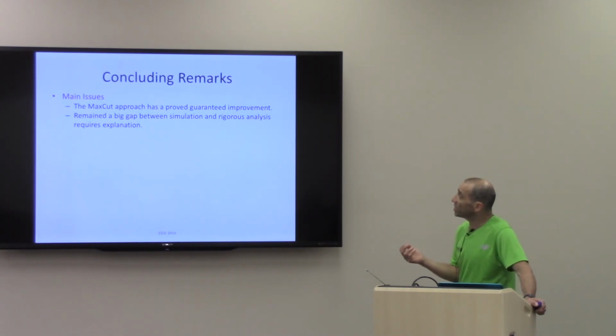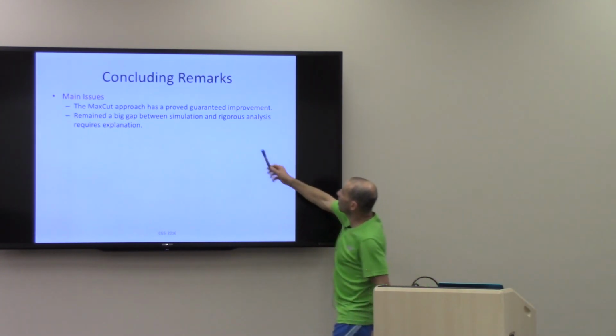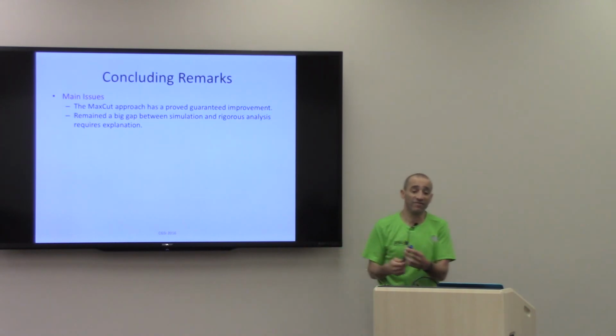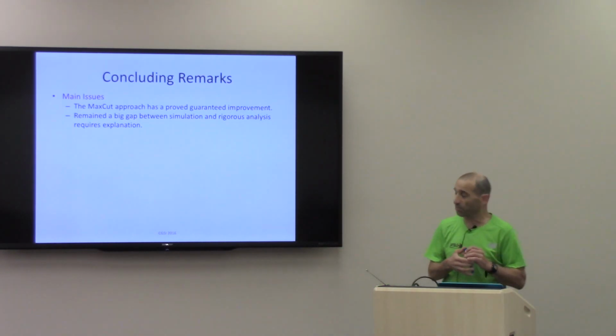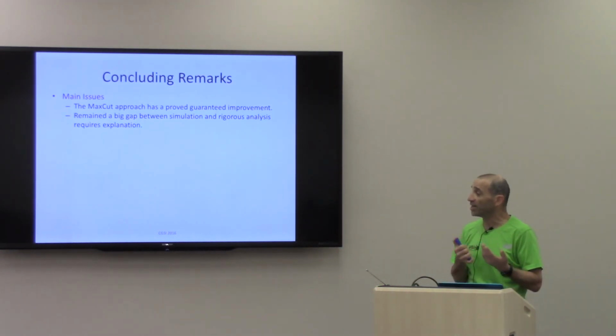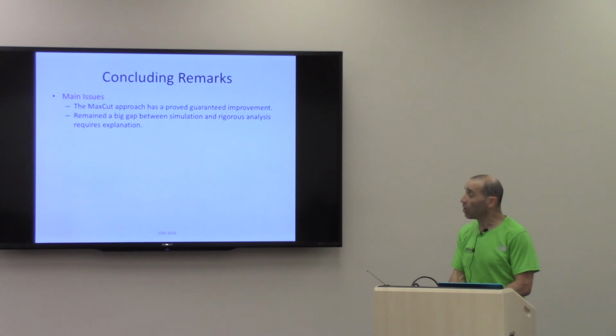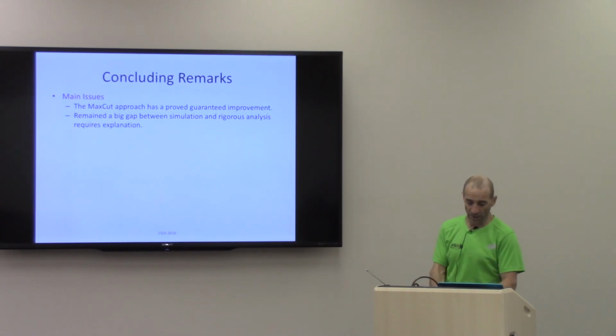And the rigorous analysis has, again, only this bad approximation ratio of 0.425, and that requires explanation. Why is there a gap between the theory and the performance?